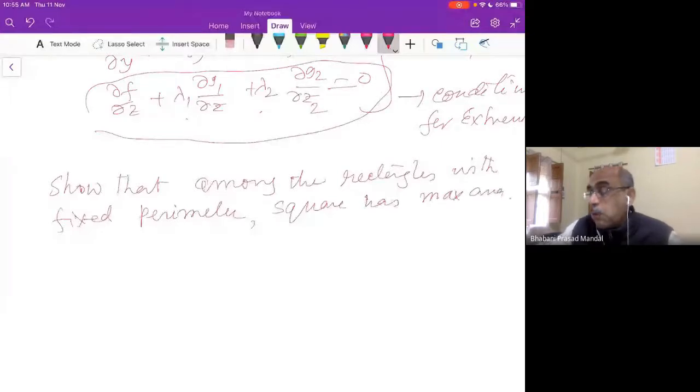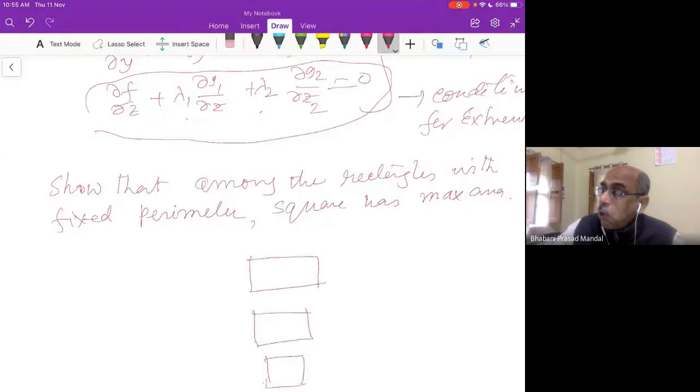You understand the problem. You can have this rectangle, you can have this rectangle, you can have a square out of this. All rectangles have the fixed perimeter. That means if A is the length and B is the breadth, then A plus B equal to constant, fixed.